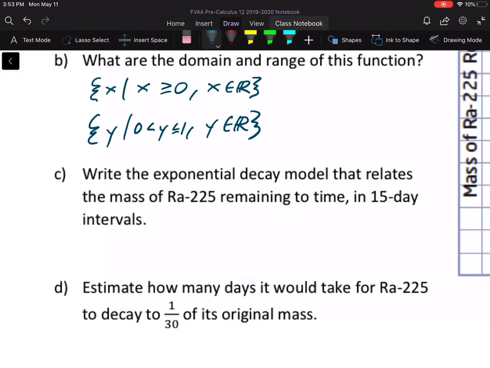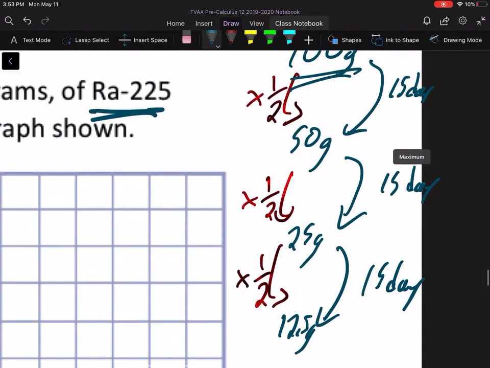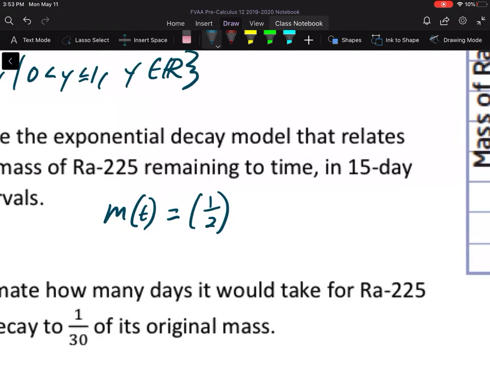Write the exponential decay model that relates to the mass of radium-225 remaining in time in 15-day intervals. And so here you'd have the mass remaining as a function of time. Your equation would use 1/2 because it's a half-life, so half of the mass. You're multiplying by 1/2 over and over again, x amount of times. But that only happens every 15 days.